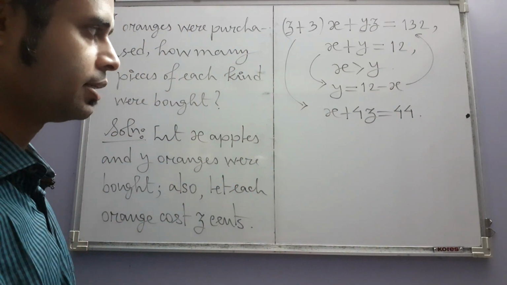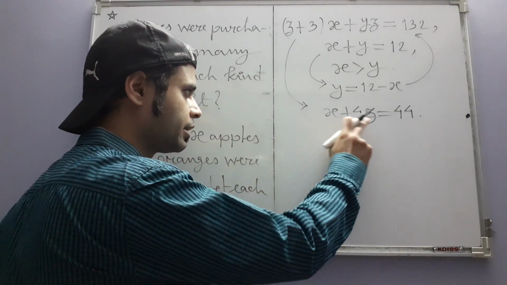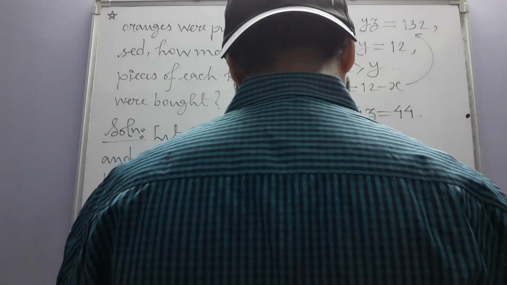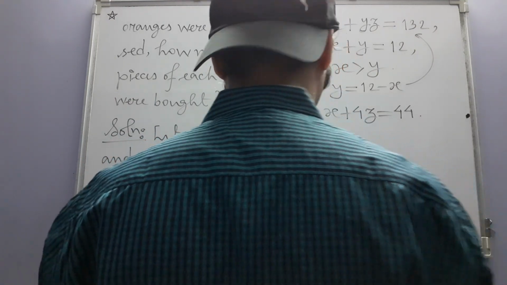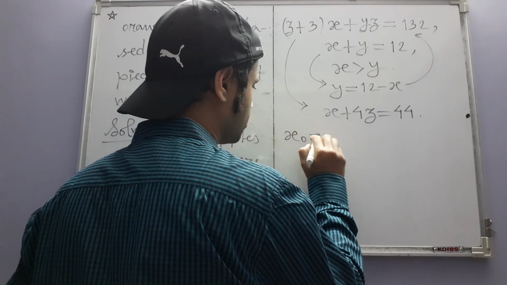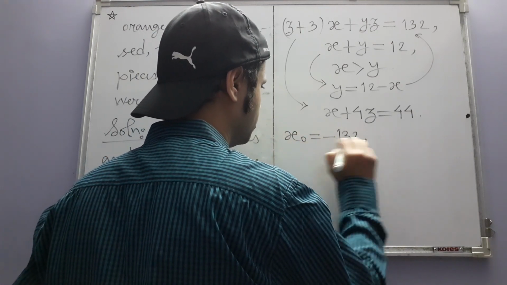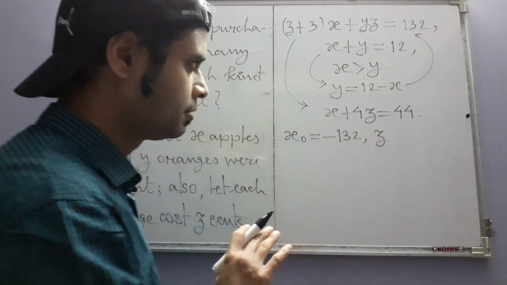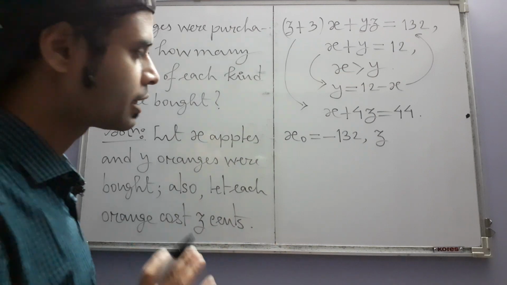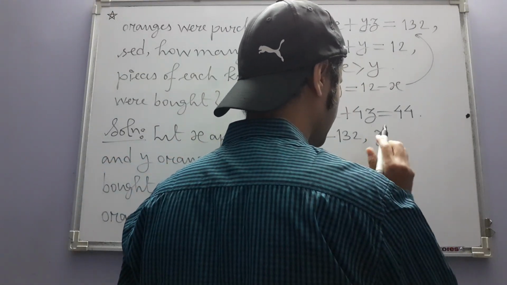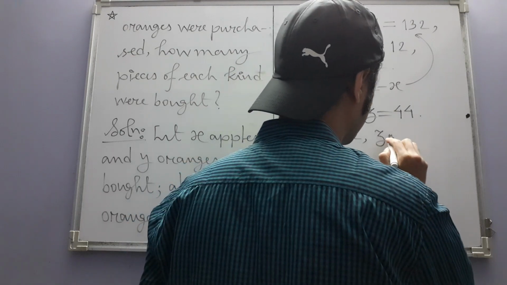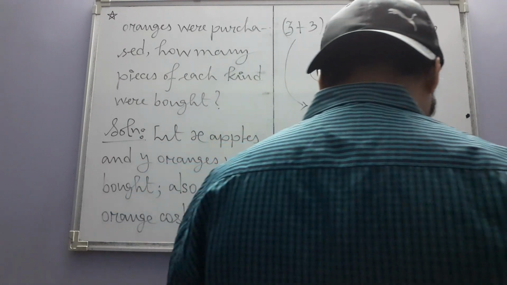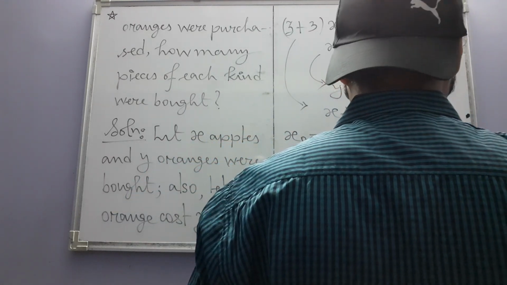Now this is the Diophantine equation where we need to find x and z. Now one particular solution is this, x naught equal to minus 132, and we do not have y here, but you understand that this is just a second variable. The actual variable name does not matter. And this is, I think, 44 only.